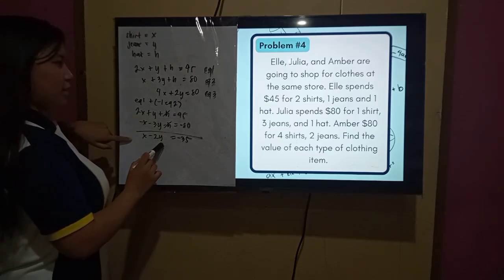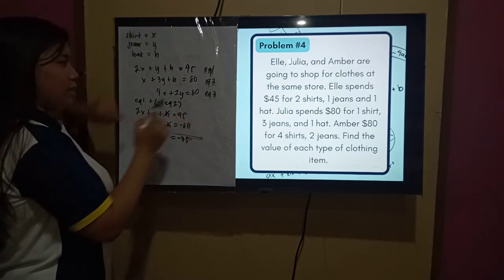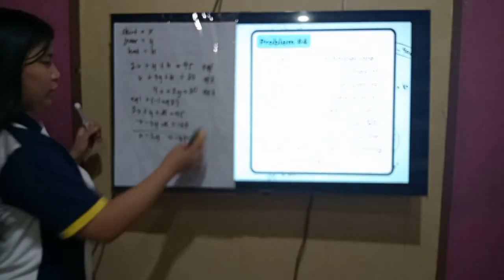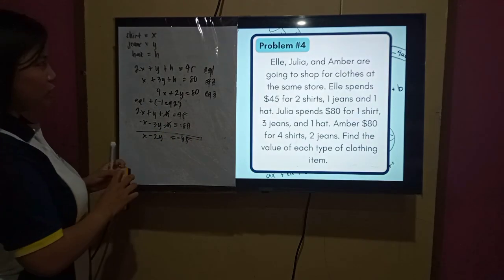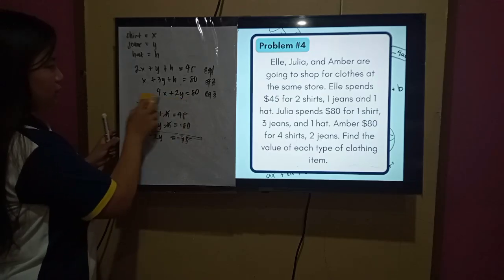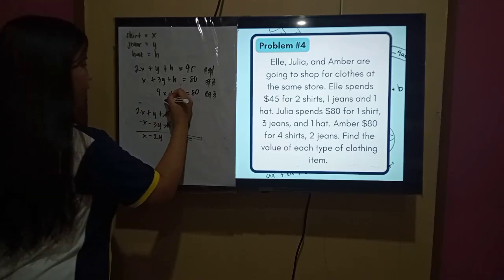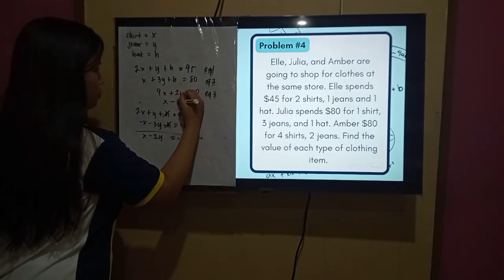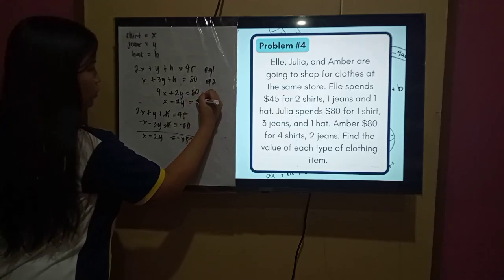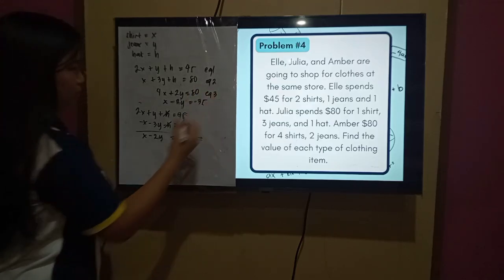Now, we'll use this with our equation 3 to get the value of one variable. So, let's rewrite it. We have X minus 2Y equals negative 35.